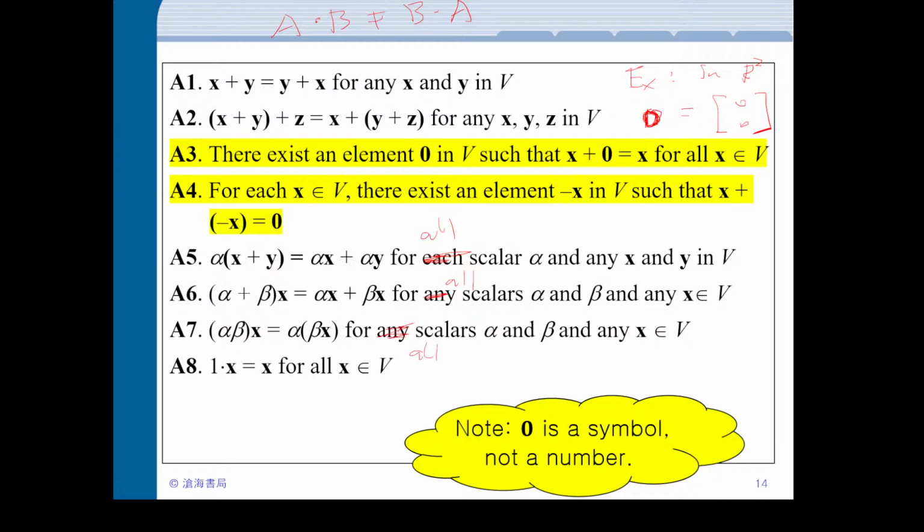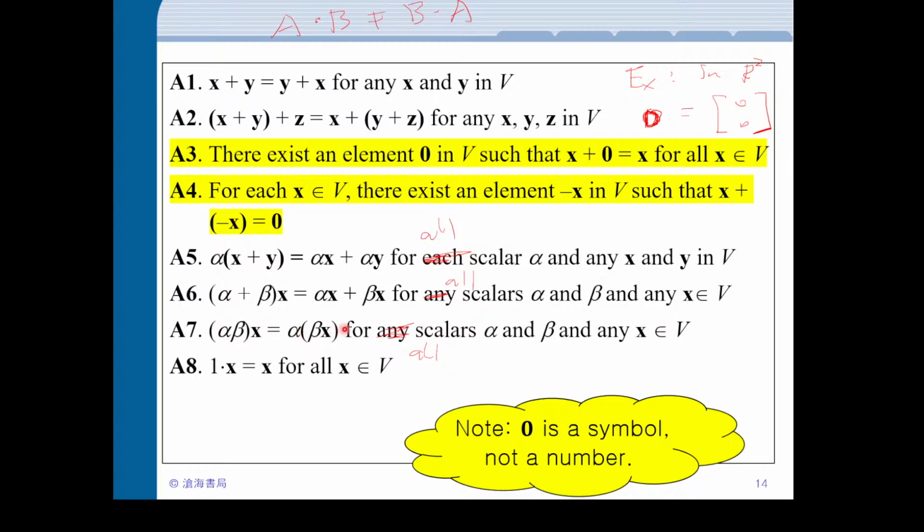Okay, that's to make the notation consistent. So scalar multiplication should be like scalar multiplication for scalars. And so we have a distributive rule and also an associative rule. Okay, so alpha beta x equals alpha times beta times x, which should equal alpha times (beta x).